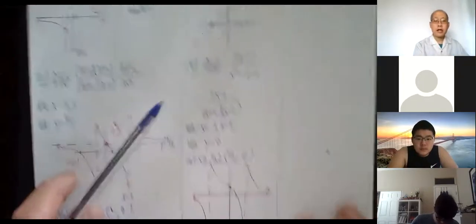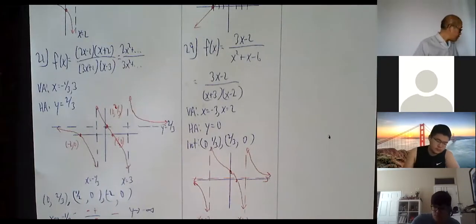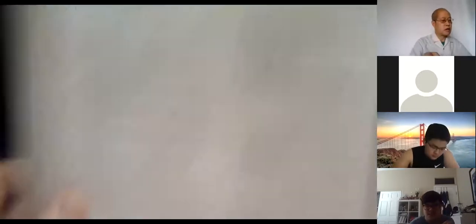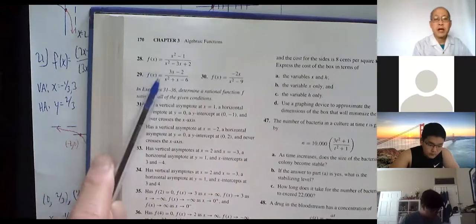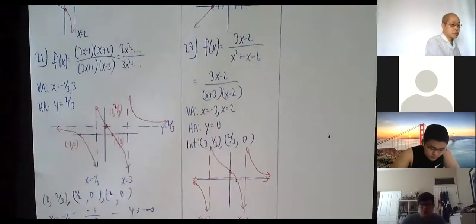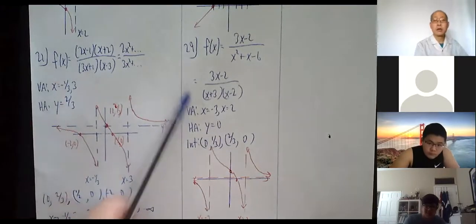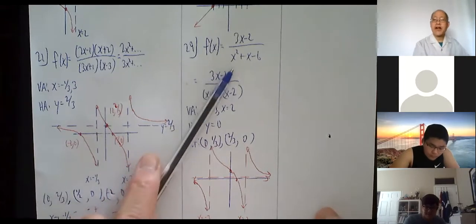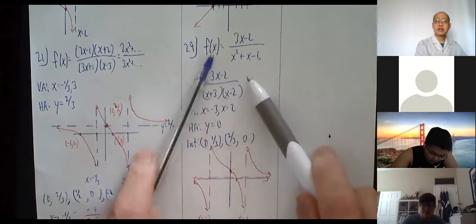Okay, then 29 is the next one I want to show you. And that one's on the next page, I think. Yeah. It's on the top of 170. 3x minus 2 over x squared plus x minus 6. All right, and let's factor the bottom. Okay, x squared is x times x.